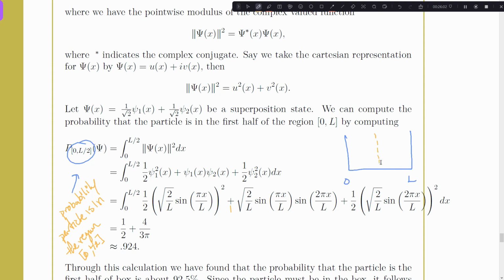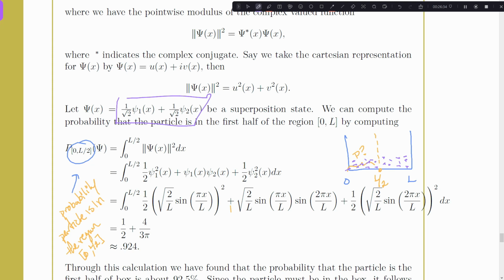So there's my L over 2 mark. What's the probability if I shove my hand into the left-hand side of the box? That particle, especially quantum mechanically, is whizzing around. It's almost a cloud, right? The particle is just a cloud sitting in my box. I want to know the probability that I find the particle on the left-hand side if the wave function that actually describes the particle looks like that.